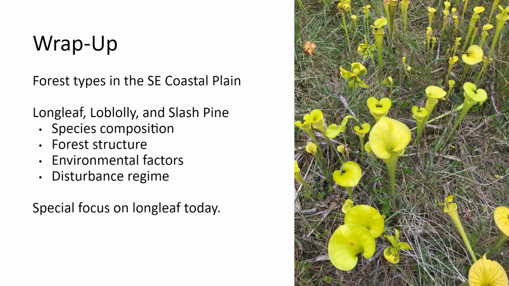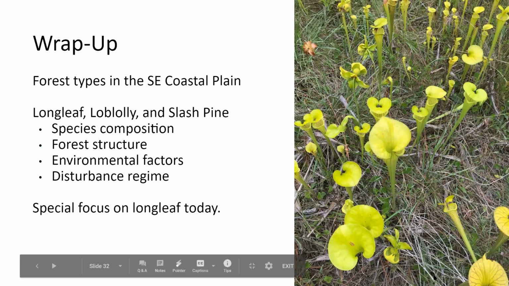We talked about the different species composition of these forests, the structure, which differs between longleaf versus loblolly and slash, the environmental factors that put those forest types where they are, and then the disturbance that's really necessary to keep those forests intact. And so I hope you enjoyed learning about longleaf pine today, a really important species. And that is a wrap for today.